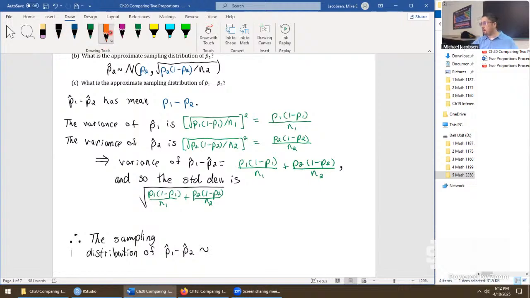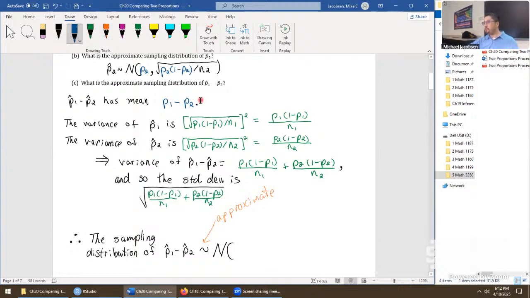This distribution is approximate, but we'll give conditions on when it's a pretty decent approximation. So this will be distributed normally.